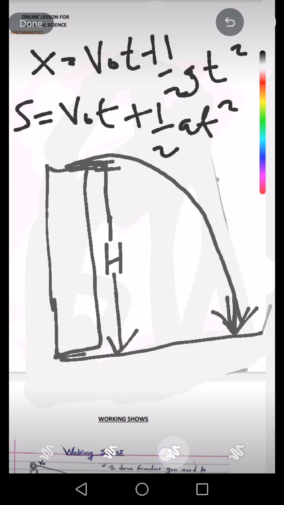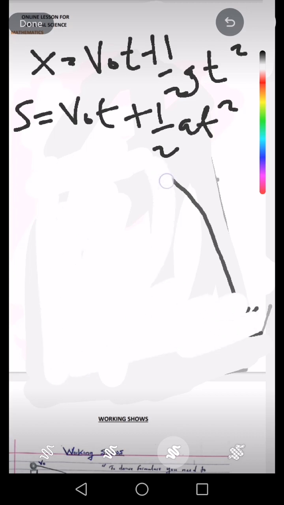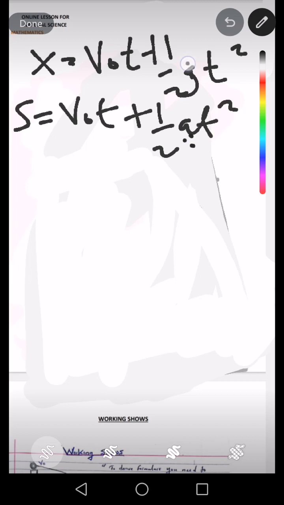Let's first delete the other diagram. When we're dealing with projectile motion, we are dealing with gravity, not acceleration. Because you are throwing the object, we'll not write acceleration here, like s is equal to v initial t plus half a t squared. We'll not deal with acceleration. We'll replace it with g, because of gravity. The unit for acceleration is the same as the unit for gravity.